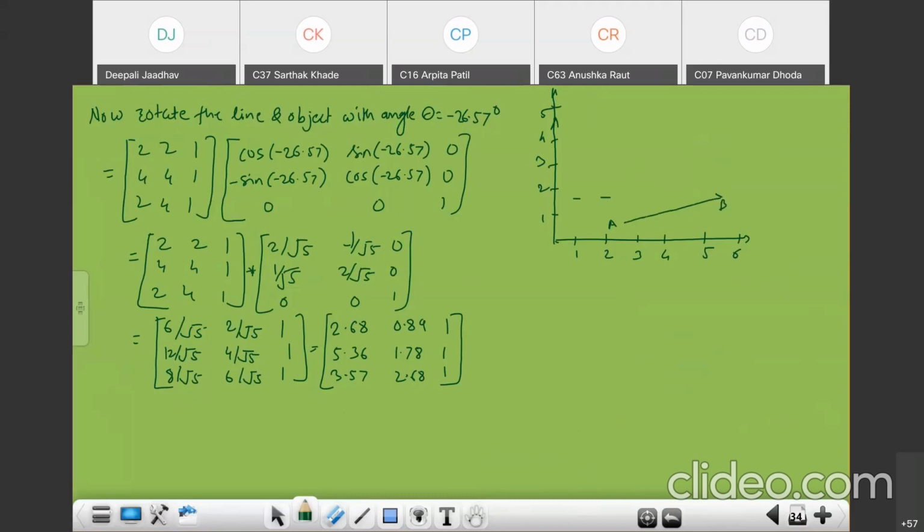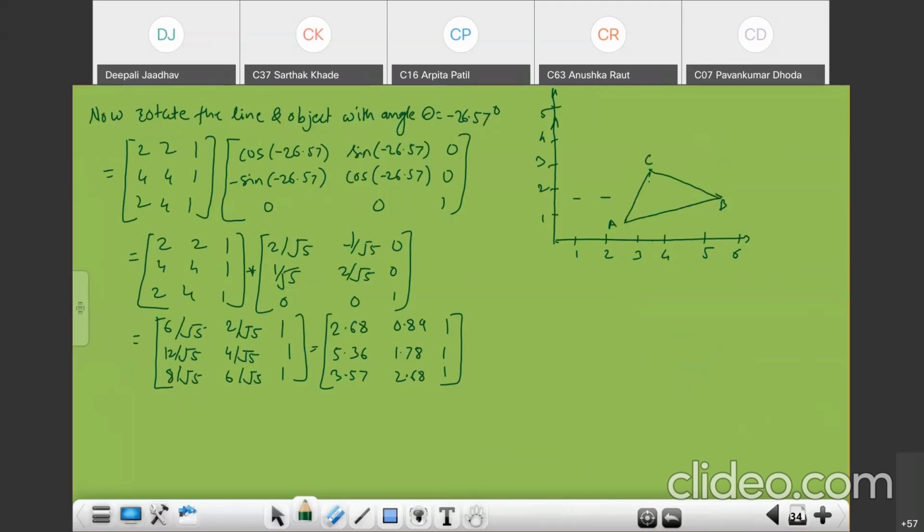And C is 3.57, somewhere here, and 2.68, somewhere here. Okay, so that is our new position or location of the triangle.